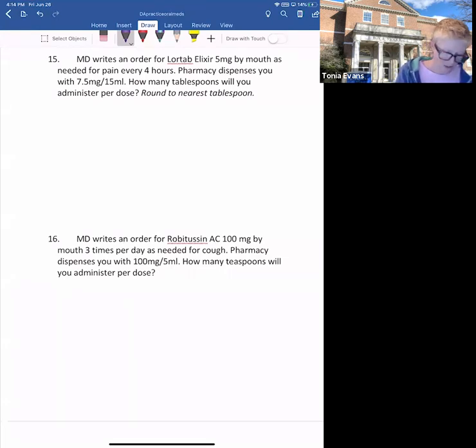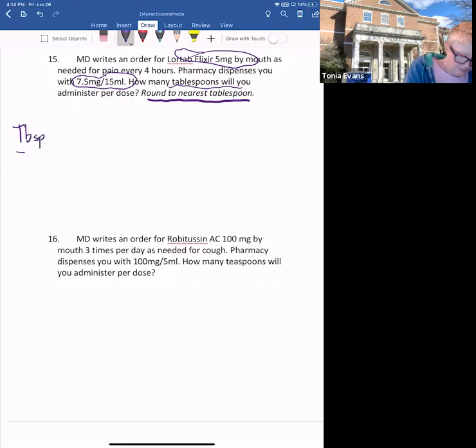Okay. So we have Lortab elixir, 5 milligrams every 4 hours. So we've got 7.5 milligrams in 15 mLs. How many tablespoons will we administer per dose? And we've got a rounding rule here, round to the nearest tablespoon. So I want to know tablespoons per dose.